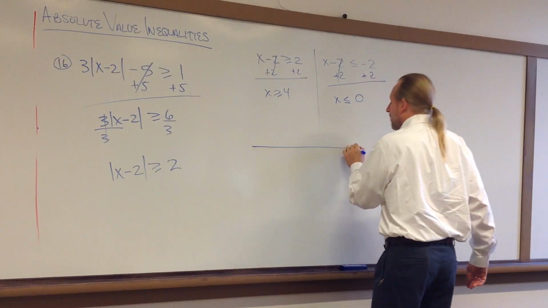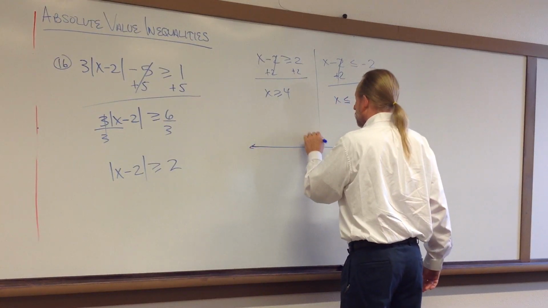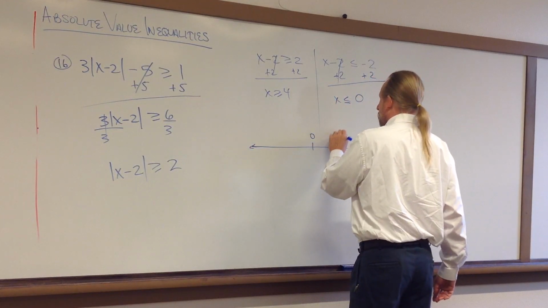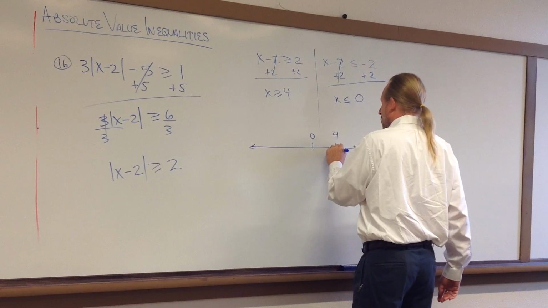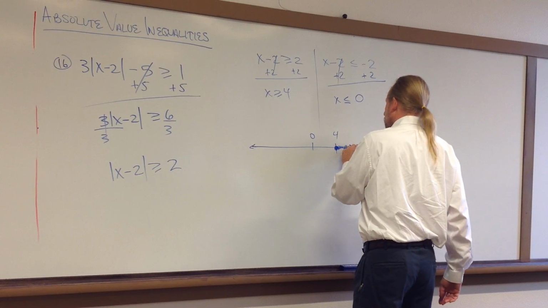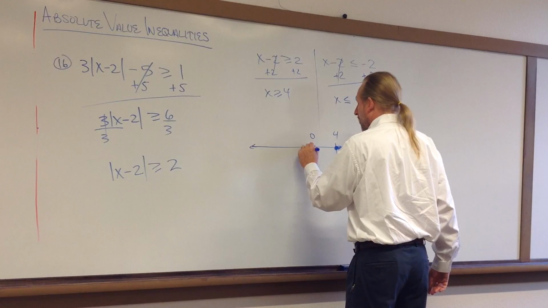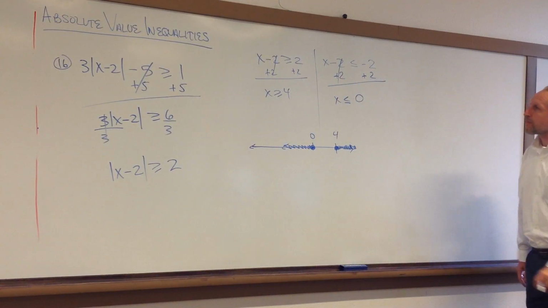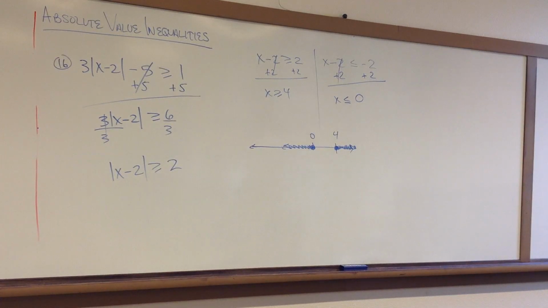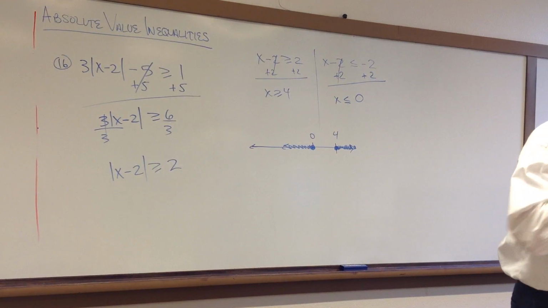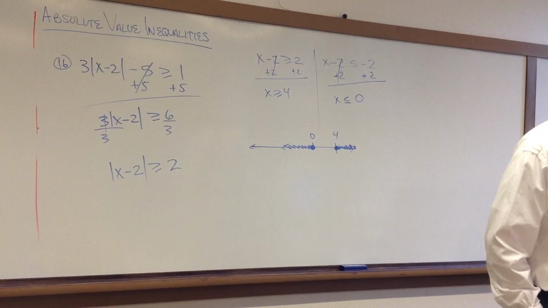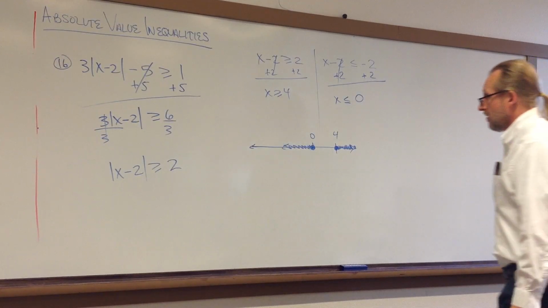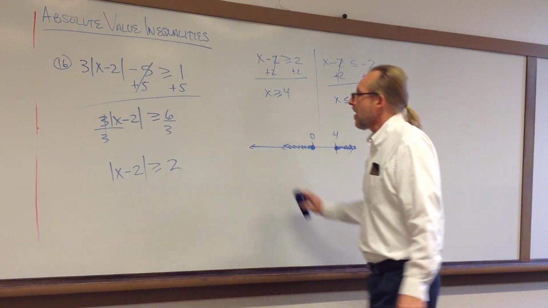And on the number line, there's the 0, there's the 4. So this one goes off in this direction, and this one goes off in that direction. Okay, well, let's look at a couple more before we finish things up here.